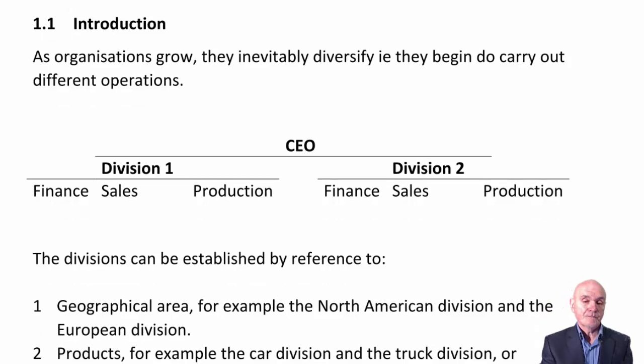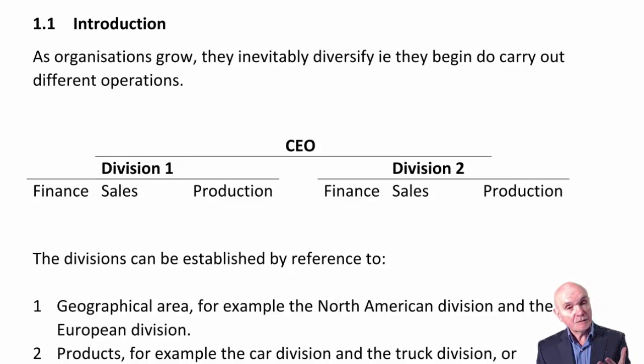Divisional structure. Getting back to why people would divert away from a simple functional structure. As organizations grow, they inevitably diversify, for example into European, American and Asian markets. And it makes very little sense to have everything going through the one set of departments.